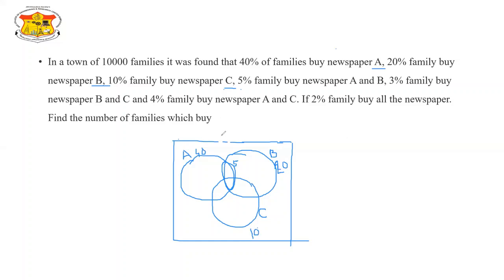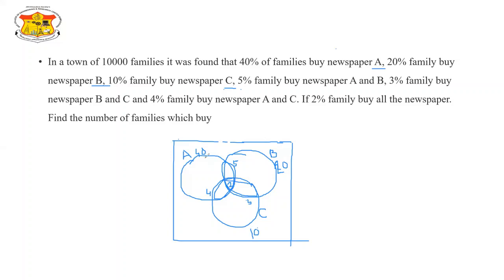Then 3% of families buy B and C, so this part is 3%. And 4% of families buy A and C, so this part is 4%. If 2% of families buy all the newspapers, then this is the 2%.